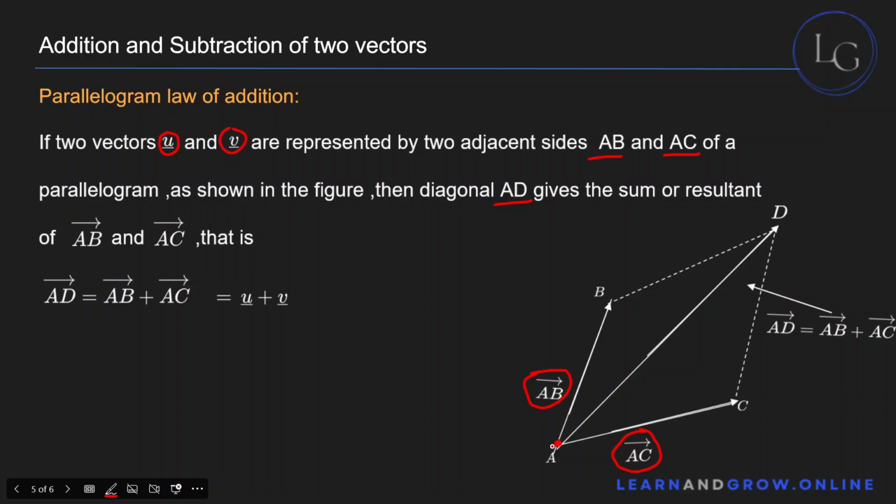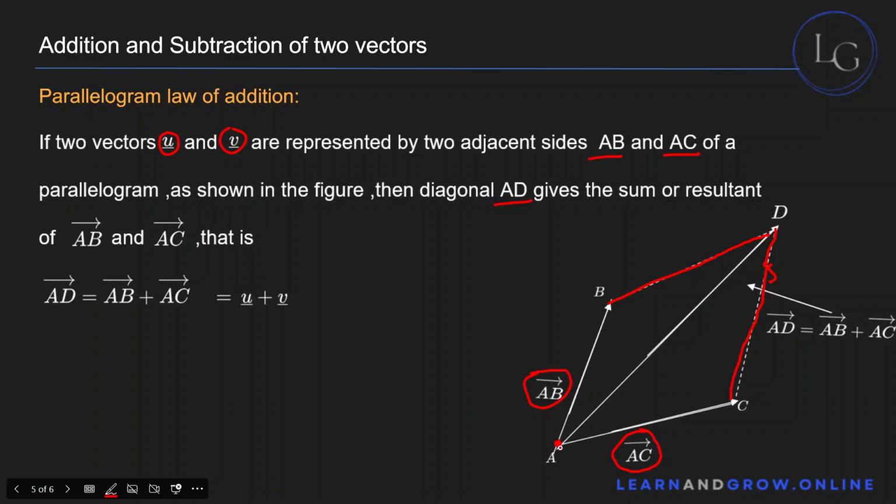All you have to do now is make a parallelogram. Basically, draw a vector parallel to AC, an equal vector called BD, which is this here. And then from D, connect the point D with point C. Now you have a parallelogram.